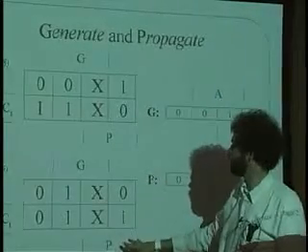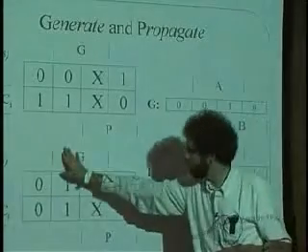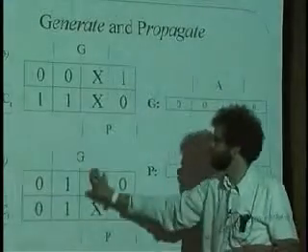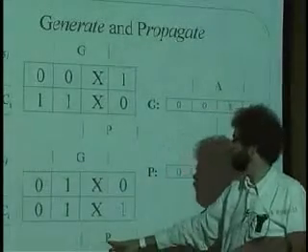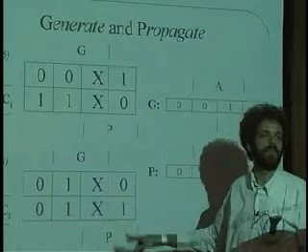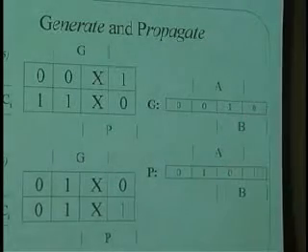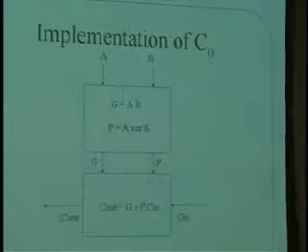This is a simple function. If G is true, the output's 1. Because remember, it only happens here. It's never the case that we have both of them. So it's G or P and C sub I. That's a simple function too. So we've reduced the computation that depends on C sub I to two very, very easy things.